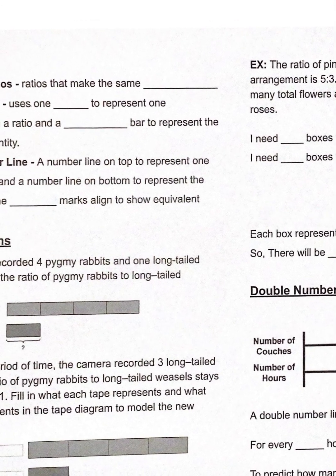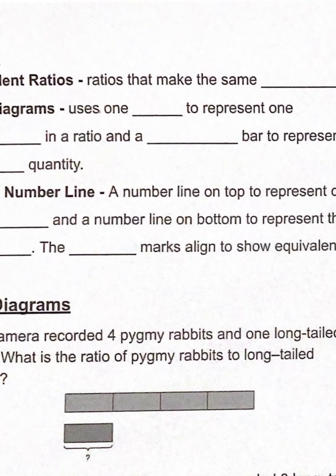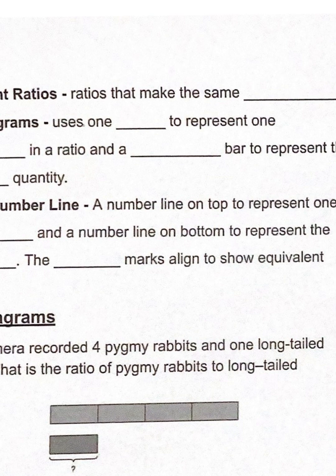Okay, I'm going to make the left side bigger first. All right, equivalent ratios are ratios that make the same comparison, and we can show equivalent ratios using what we call a tape diagram or a double number line.